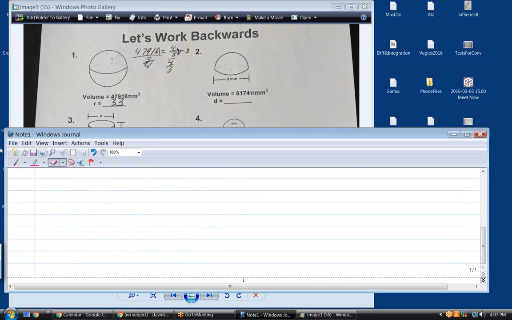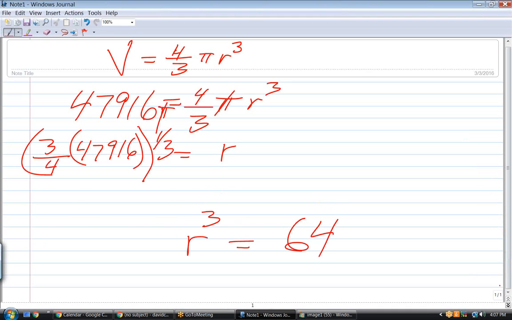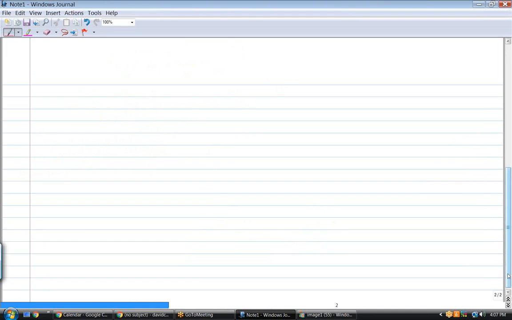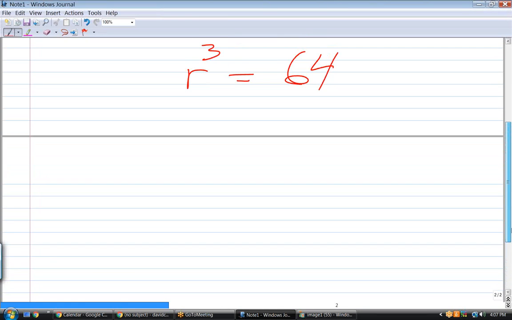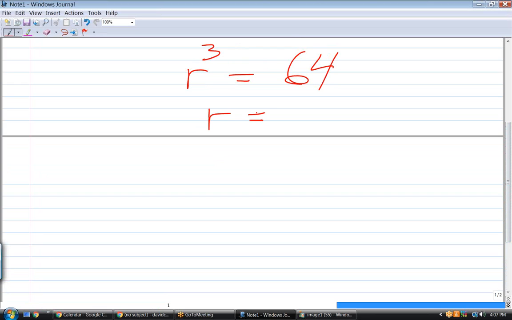I don't want to work with all those big numbers, but let me make sure you know how to do this. r cubed is equal to 64. What's r equal to? Is that not 6? Cube root of 64.